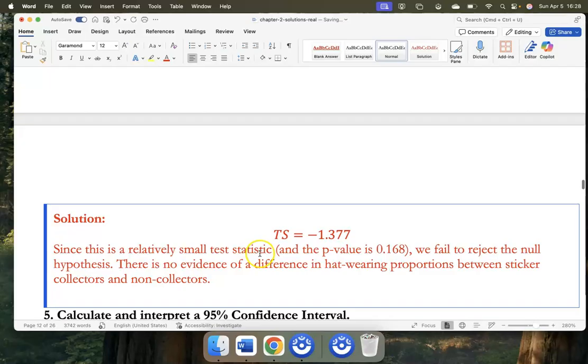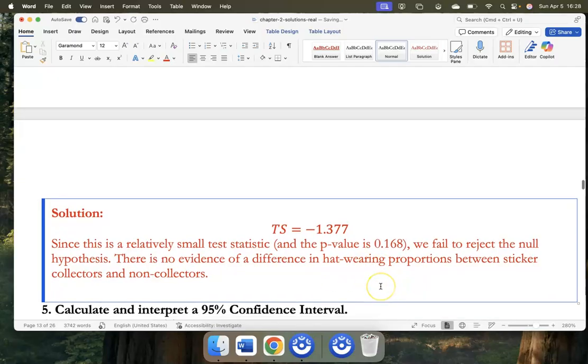Our p-value is extremely large, so we should fail to reject our null hypothesis, indicating that there's no evidence of a difference in hat wearing proportion between sticker collectors and non-collectors.